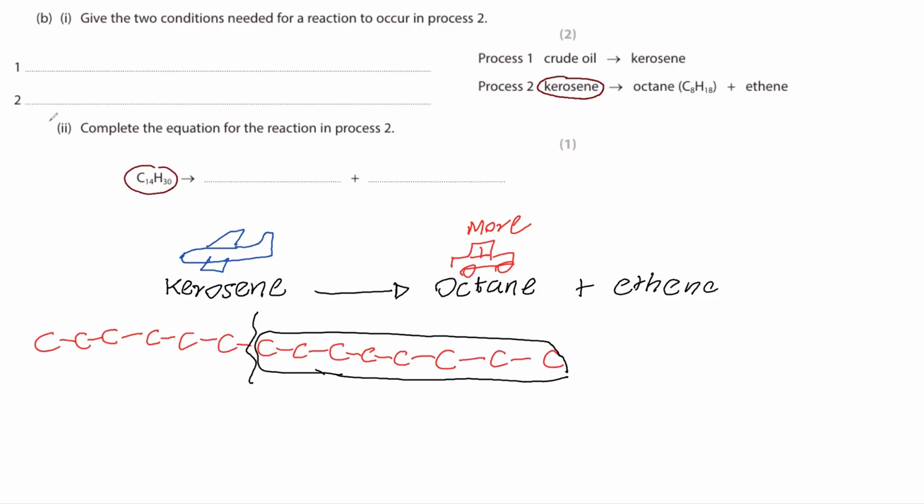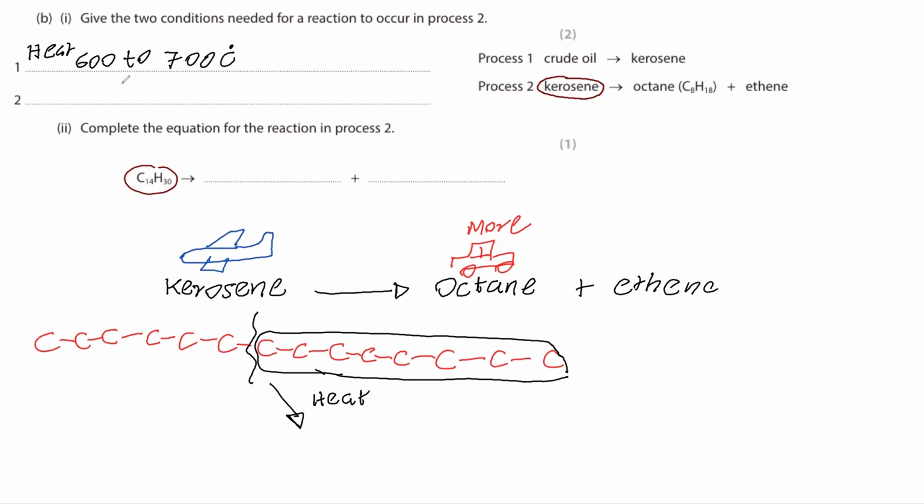Give the two conditions needed for this reaction. For this cracking process, these are the conditions. We have to take this long carbon chain and we have to heat it. Do you know the temperature? Yes. You have to maintain 600 to 700 degrees Celsius heating.